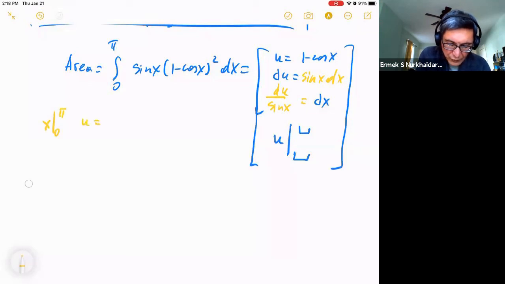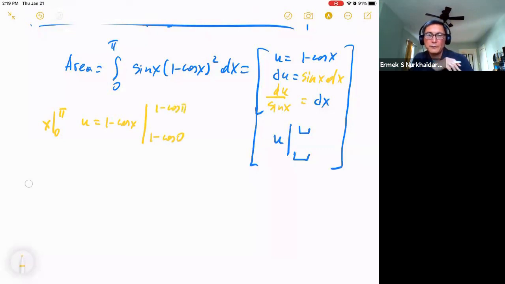Therefore, u, which equals 1 minus cosine x, is going to be changing from 1 minus cosine 0 on the bottom to 1 minus cosine of pi on top. Right? Cosine of 0 is 1, so 1 minus 1 is 0. Cosine of pi is minus 1, 1 minus minus 1 is 2. So limits for u is going to be from 0 to 2.